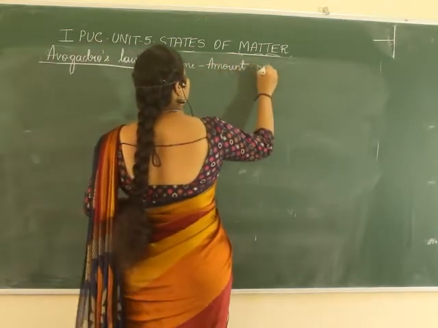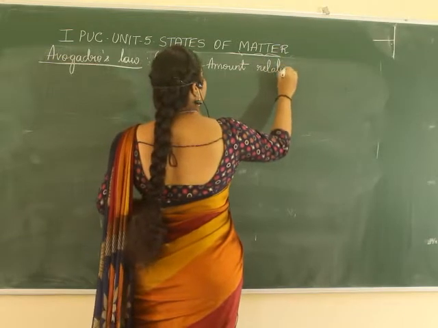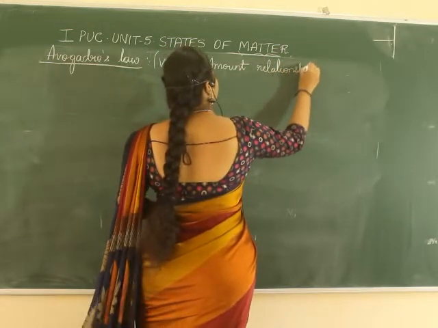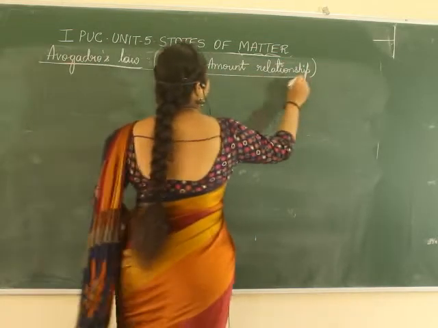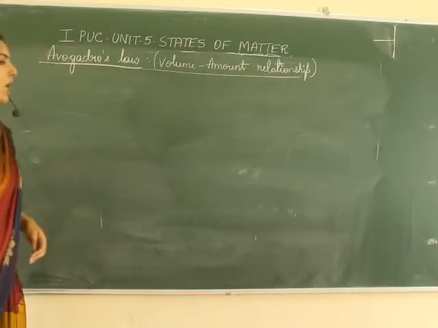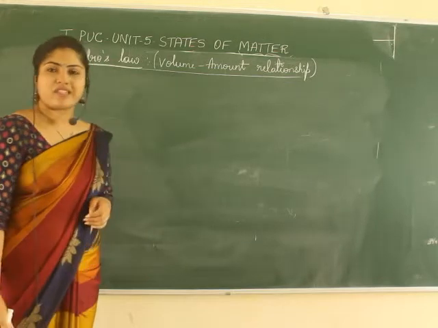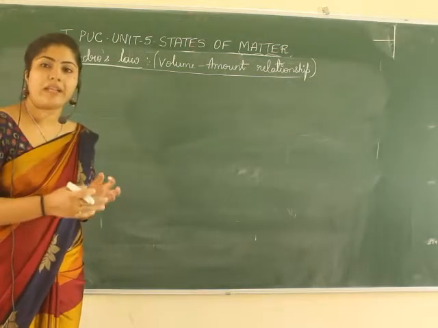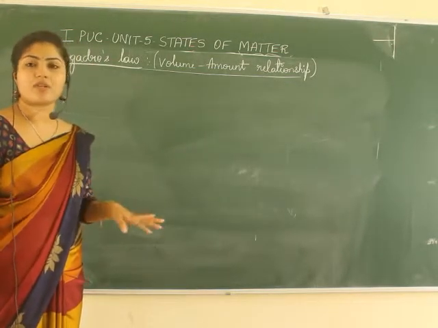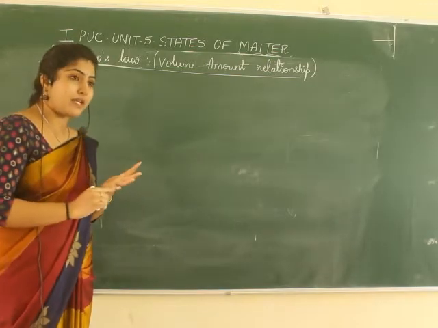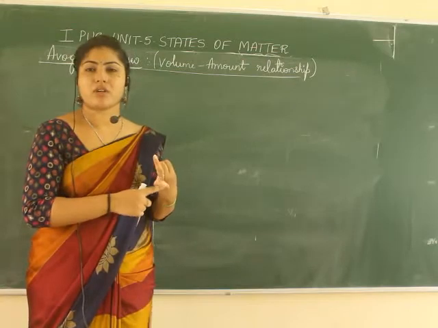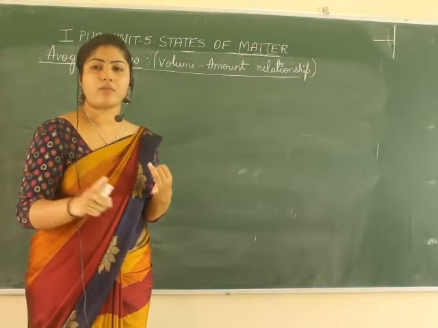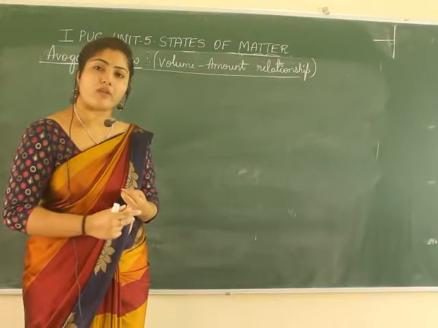Volume, amount, relationship. Avogadro's law tells that when the temperature is kept constant and pressure is constant, you'll have to maintain two conditions. One is you'll have to keep the temperature constant. Temperature should not vary throughout the process. Pressure should not vary throughout the process.